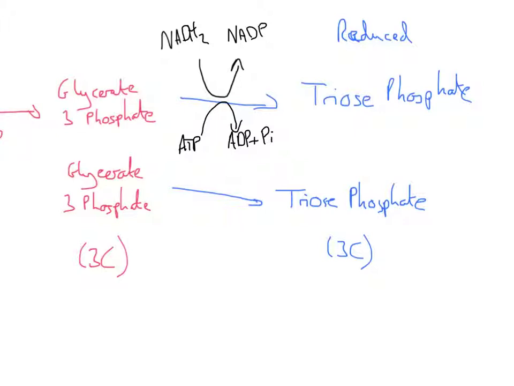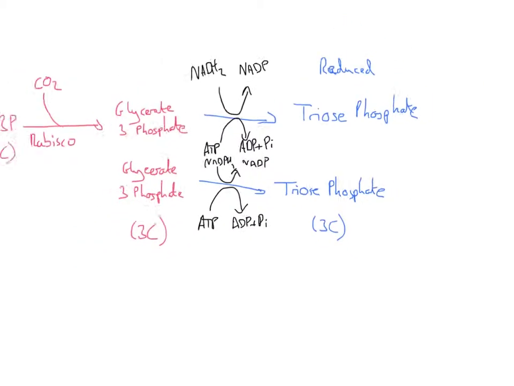This obviously has to happen twice, once for each reaction. So NADPH2 going to NADP, and then ATP going to ADP and inorganic phosphate. But at this point the numbers start to stop making sense.